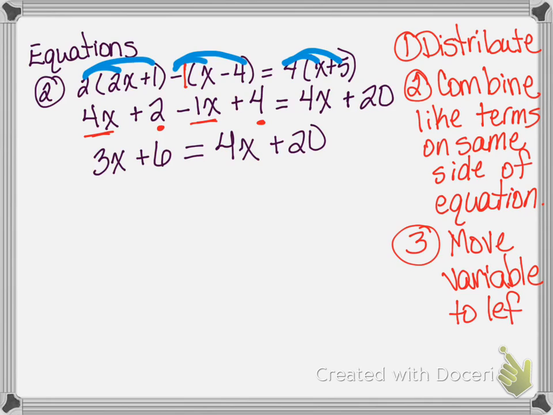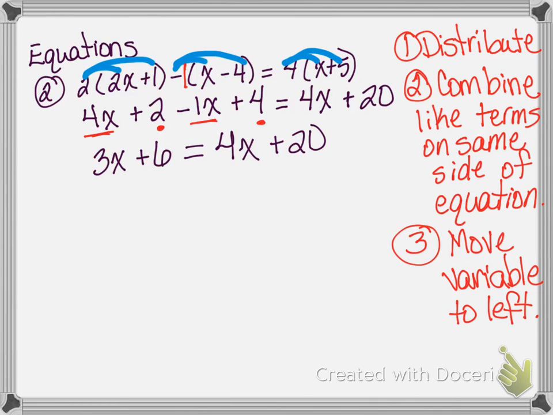So if we do it to the right or the left, it's fine? It's mathematically correct to move it to the right or the left. In this situation, some students would prefer to subtract 3x because it keeps it positive on the right.